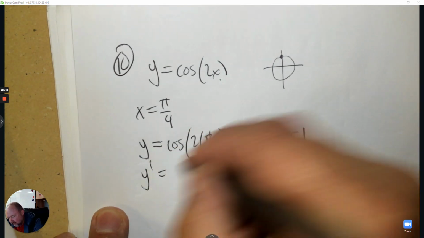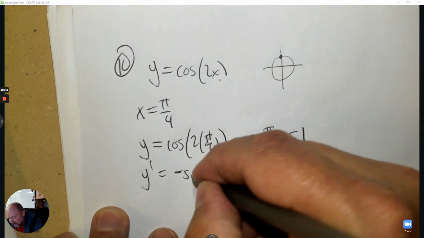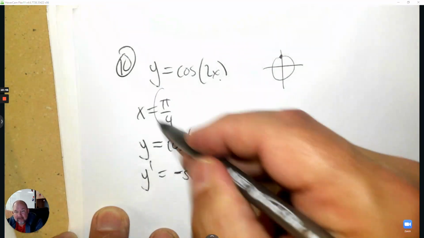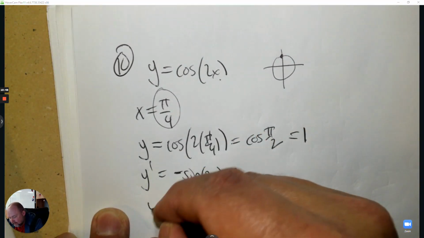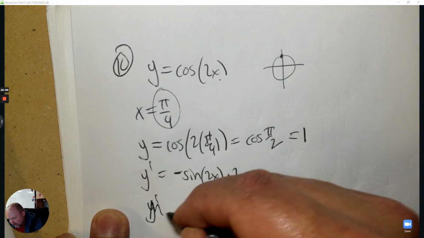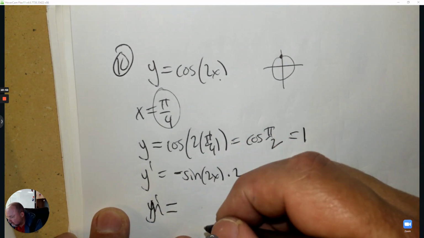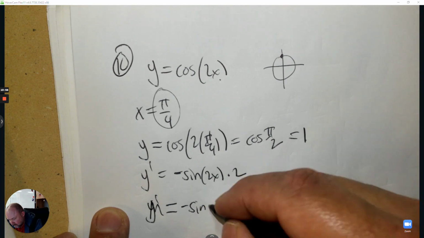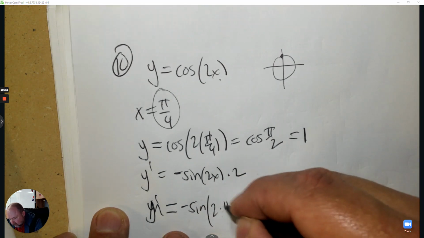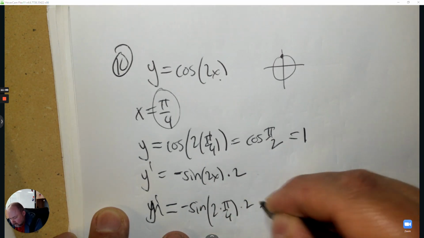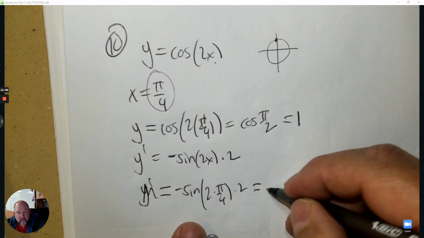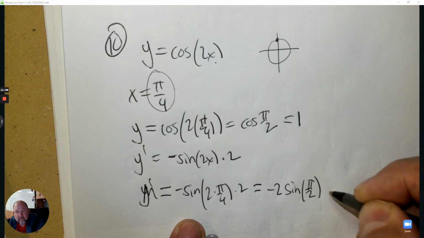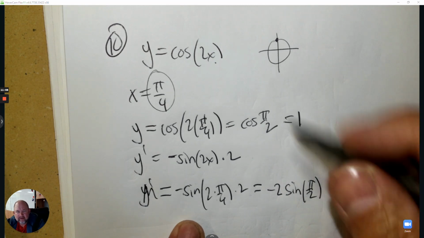Then I need to take the derivative of this, which is negative sine 2x times 2, the hook. And again, I need to plug in pi over 4. So I get negative 2 sine pi over 2. Oh, wait a second.